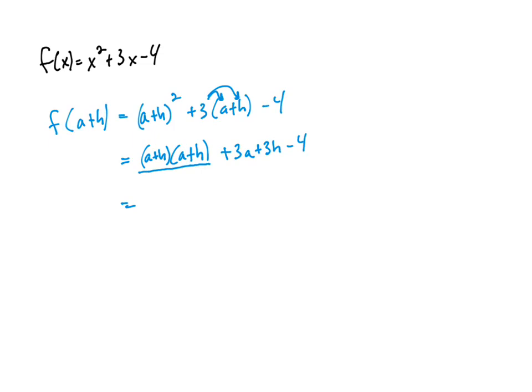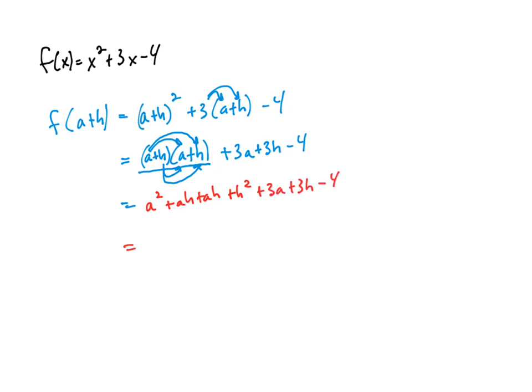Here, when I multiply these two, these are called binomials, I'm going to distribute the a into each of the second binomial and then the h. Another way that you may have heard this talked about is called foiling. So a squared plus ah plus ah plus h squared plus 3a plus 3h minus 4.